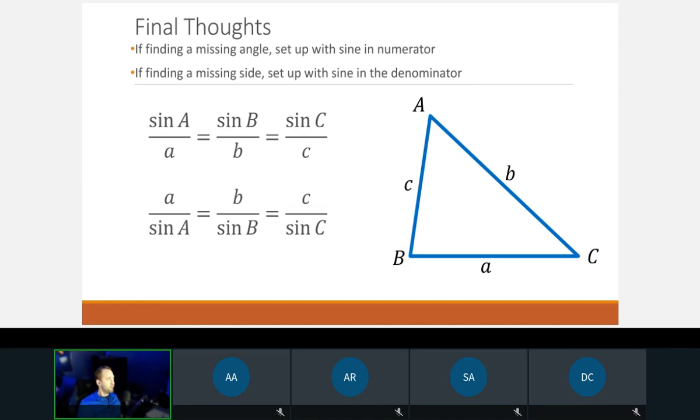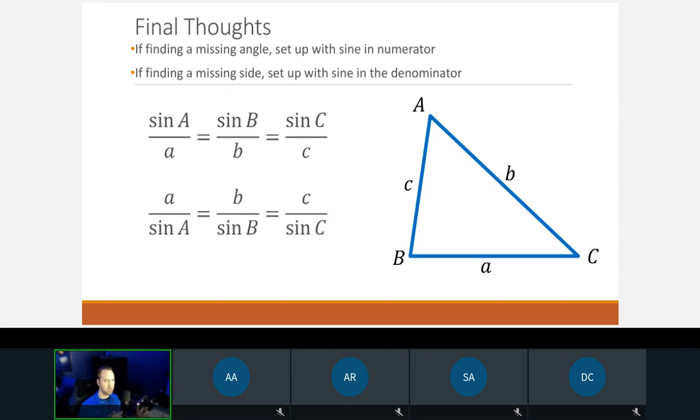All right, so final thoughts. First bullet point says, if finding a missing angle, you want to set up your equation with the sine in the numerator, like we have in my first equation listed here. And if you're trying to find a missing side, like we just did on the last page, you want to set up your equation with your sine in the denominator. I listed the equation just flipped. Doing that will save you some steps.